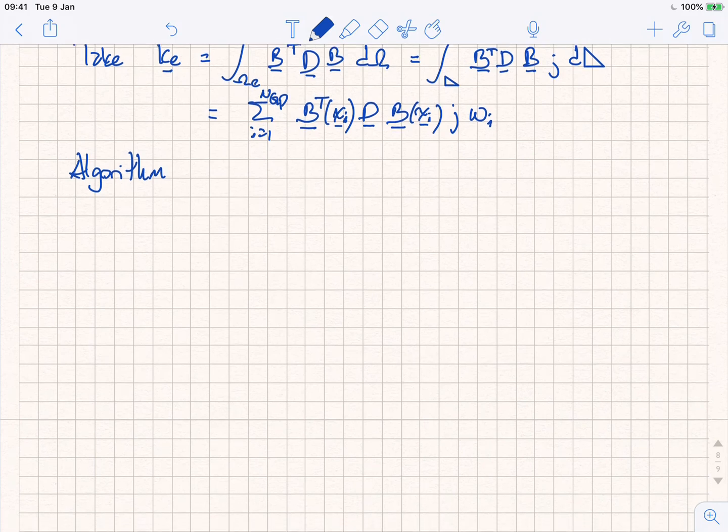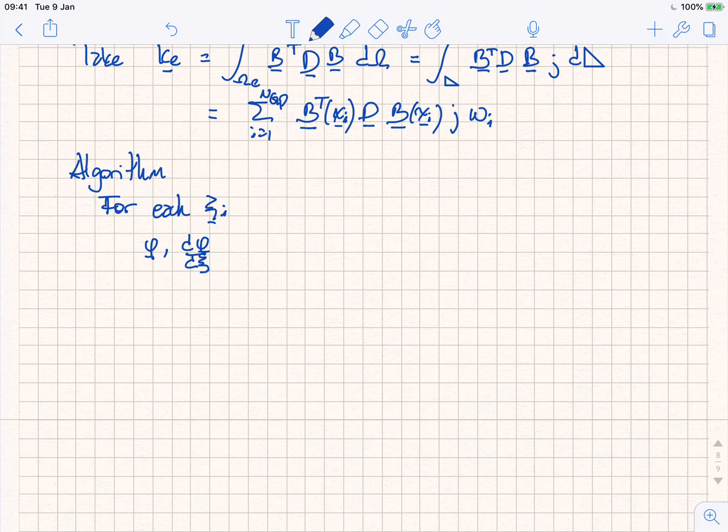So let's write the algorithm to do this, for one element, okay? So for each Gauss point, which I denote psi I, the first thing we do is compute a vector of shape functions and shape function derivatives. In this case, since we're dealing in 2D, this is going to be a matrix.